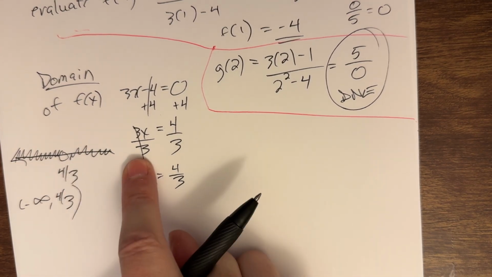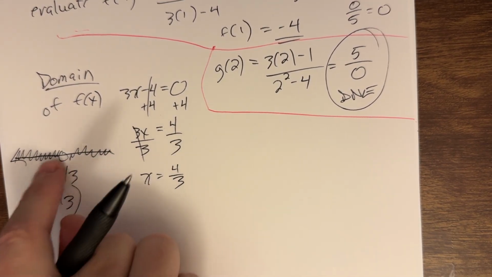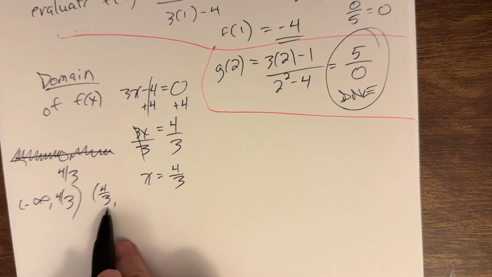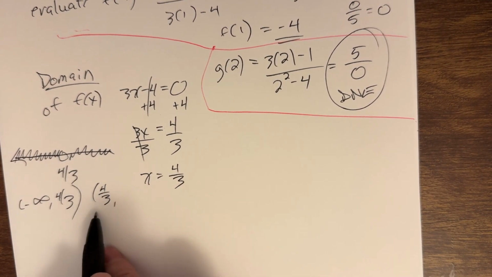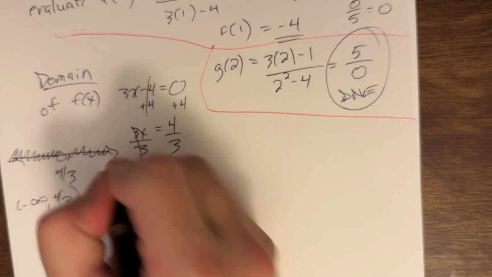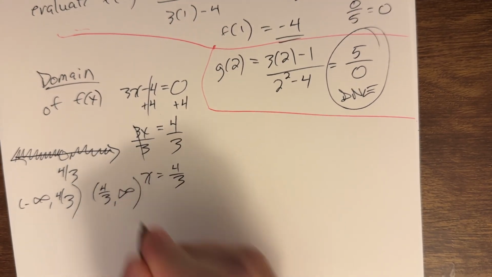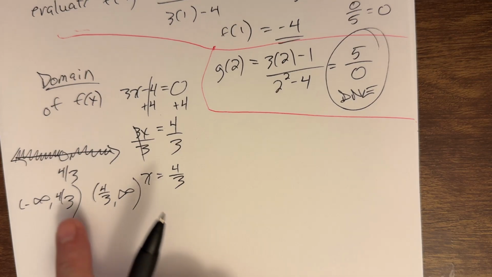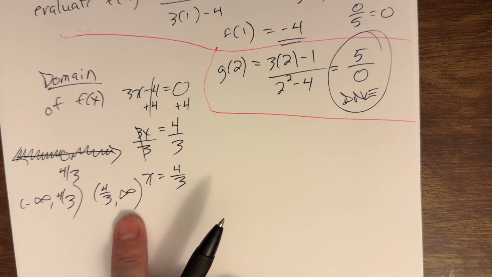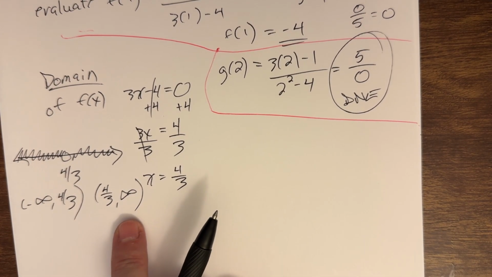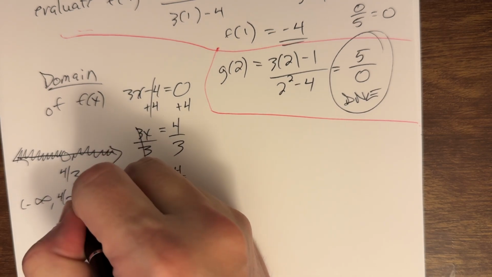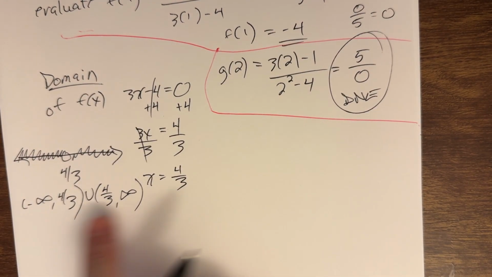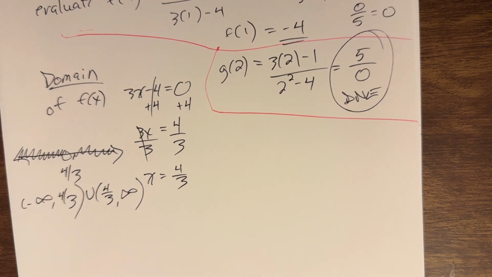And then I'll get this interval over here, starting just past 4/3. So starting at 4/3, but again, not including it, so parenthesis. And now this goes forever to the right, so goes to positive infinity. Both of these are my answer. As we've seen in some other situations, when you have 2 intervals, proper notation, you can use a union symbol, but I'm perfectly happy if you just have the 2 intervals.